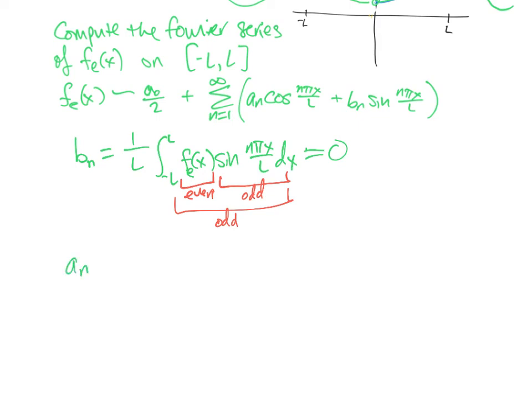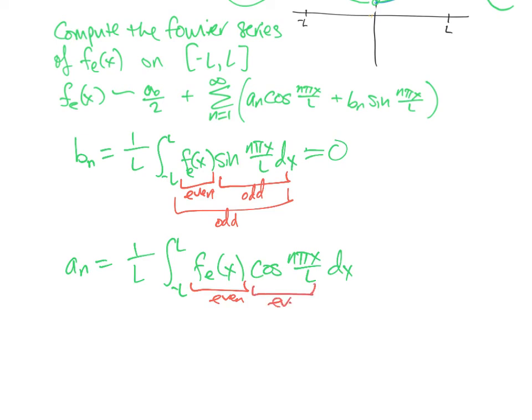And then our a n are similarly defined. So this really is the exact same thing we did for the sine series. So hopefully this is super boring to you. Negative L to L, fe of x, cosine n pi x over L dx. And again, we have an even function and another even function, and together that makes yet a third even function.